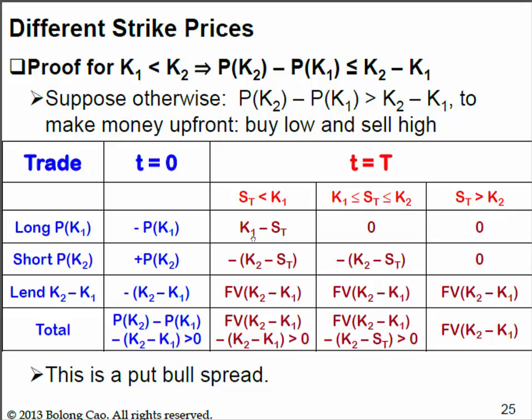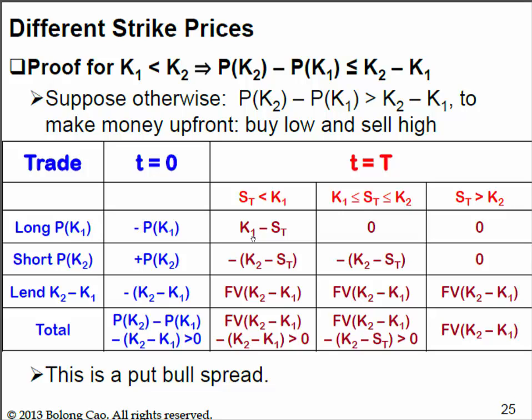So that's when the underlying price is below the low strike. If it falls between, again, the low strike put is out of the money. The high strike put is in the money, but we have shorted it, so it's a liability.